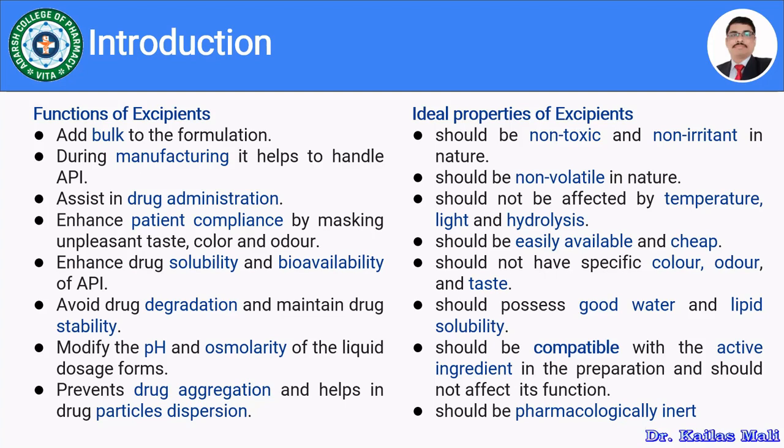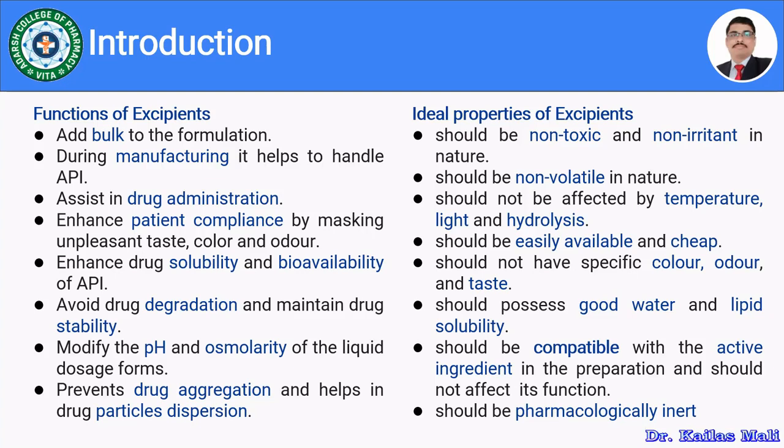Let us see the ideal properties of an excipient, how it should be. Before selecting any excipient for a particular dosage form, one should know how to select it, and before that, you should know the ideal properties of an excipient. So whatever the excipient is, it should be non-toxic and non-irritant in nature.